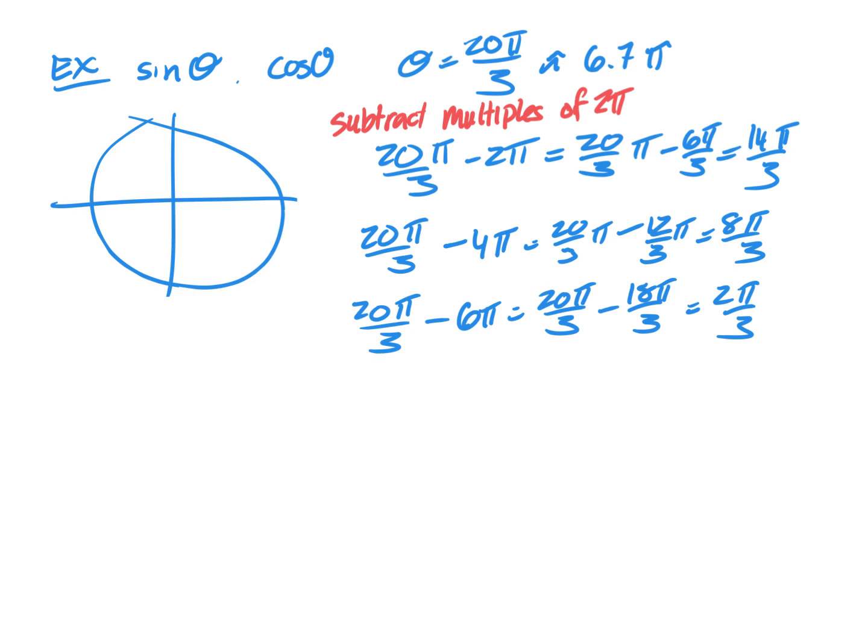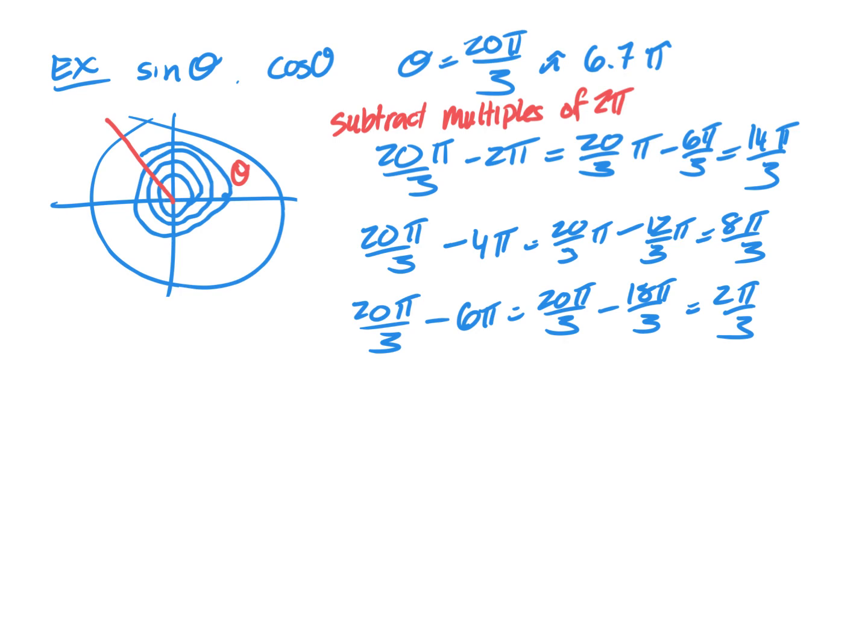So if we went around 3 times, so 2 pi, 4 pi, 6 pi, and then had an extra 2 pi over 3, that would take us into the second quadrant. And that's what our angle theta looks like.